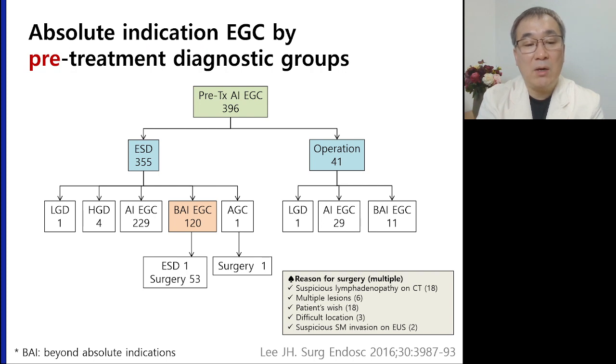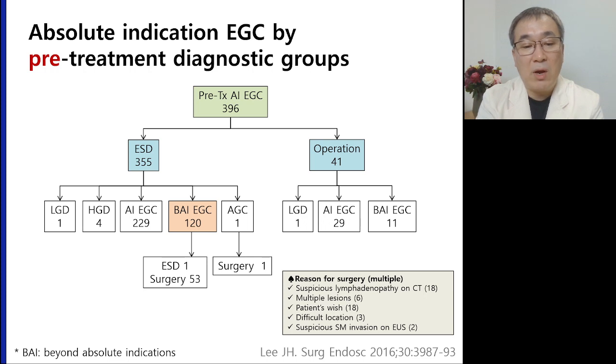This is real-world statistics. Among 355 early gastric cancers initially treated by ESD, 120 cases belong to the beyond absolute indication group.